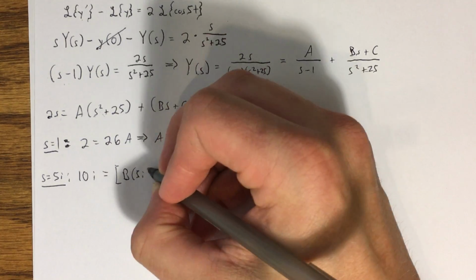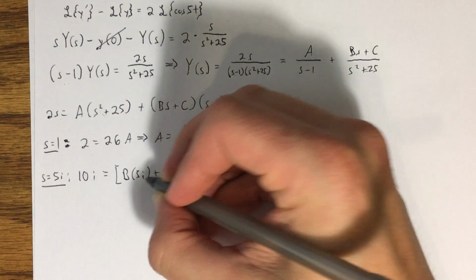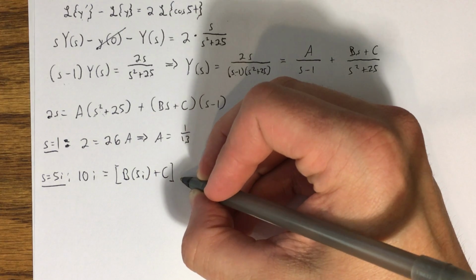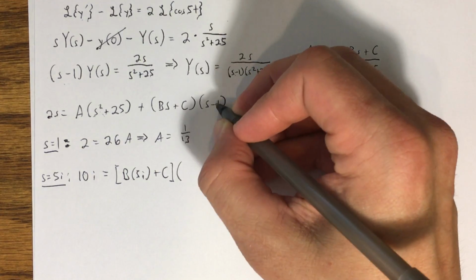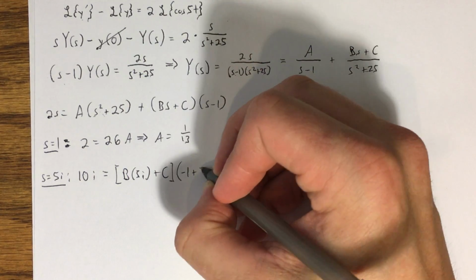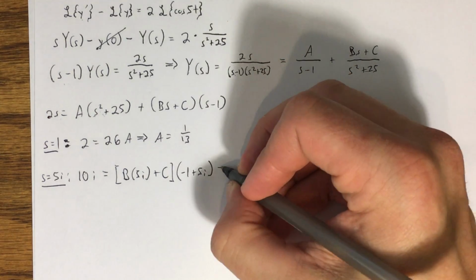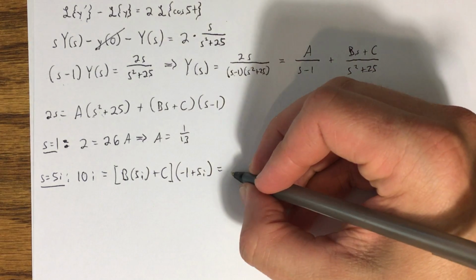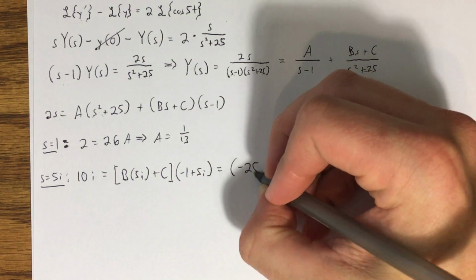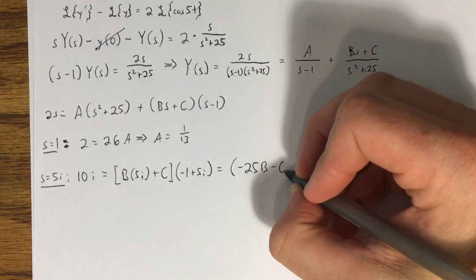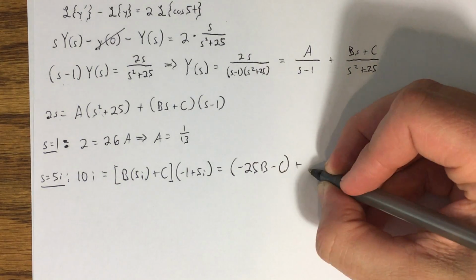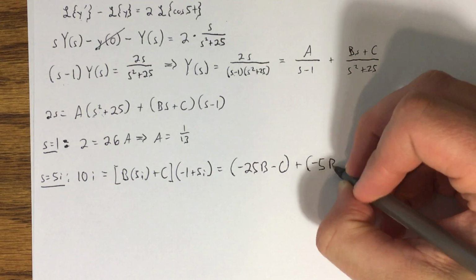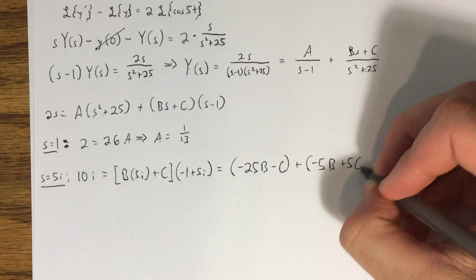B times 5i plus C times, I'm going to switch this around, negative 1 plus 5i. Multiply that out as you do with complex numbers, and you end up with negative 25B minus C plus (negative 5B plus 5C)i.